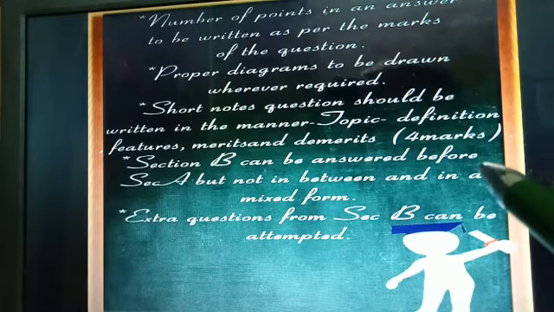For example, you have to define the topic given, write a feature or 2 about it, and also write a merit and a demerit. Only then can you think of scoring 4 marks in that question. So you will be answering 3 topics, each carrying 4 marks, 4 into 3, a 12 marks question.